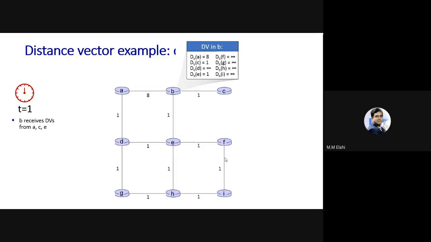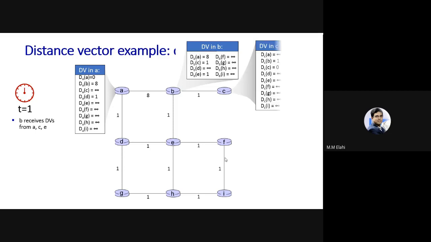But how does B update for other nodes, those that initially have cost infinite? Let us see. Now, A has also an initialization table, as we have already discussed. And then C has its own initialization table, and then E. We are showing A, C, and E because these three are the neighbors of B. So each of these nodes will send their distance vector to B, right?